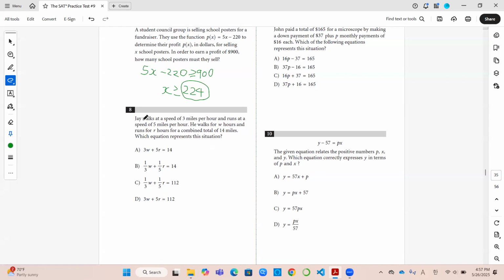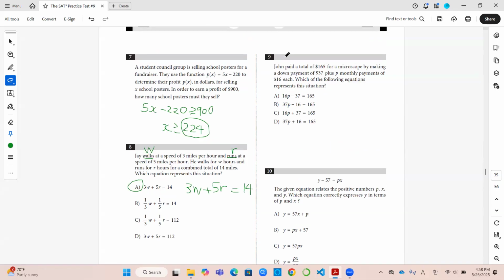So for walks, I'm going to put W here, and for runs, it's going to be R. It's 3 miles per hour of walking, so 3W, and running at 5 miles per hour, so 5R. And this has to equal 14. So the correct answer choice here is A as in apple.